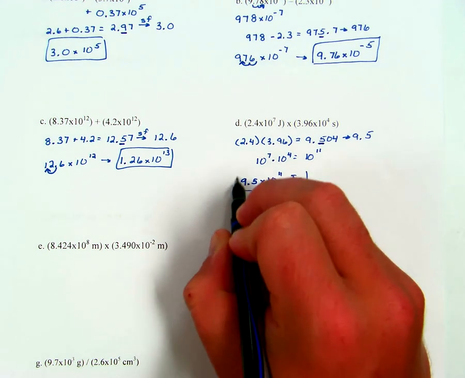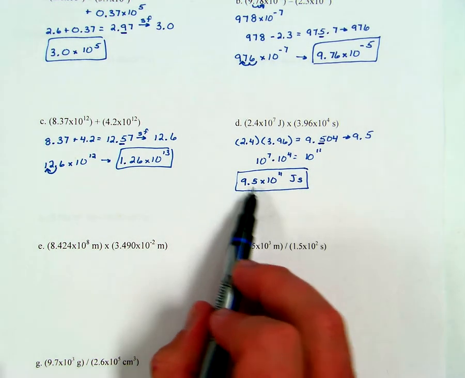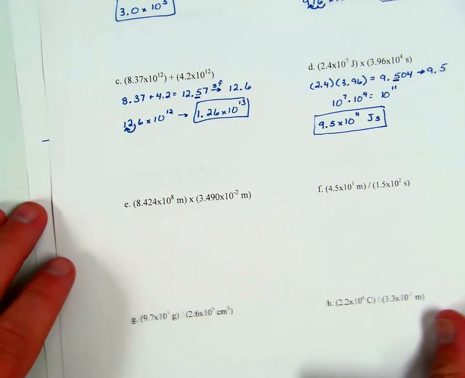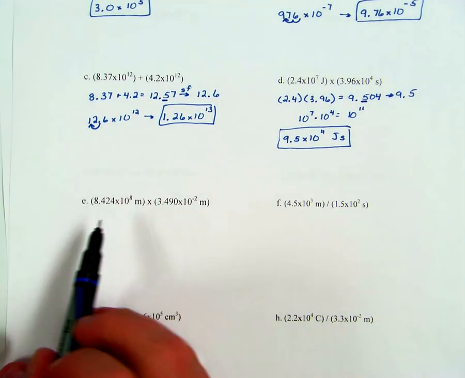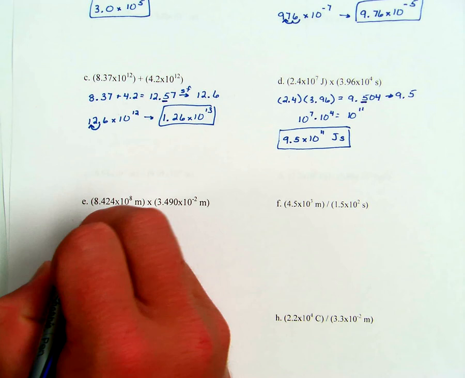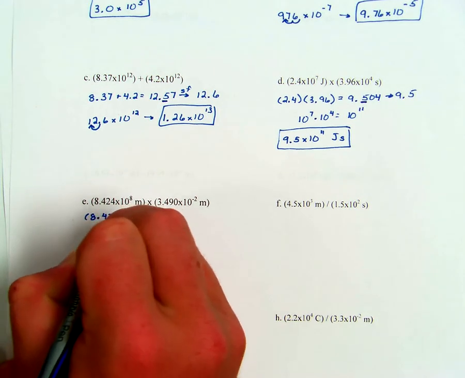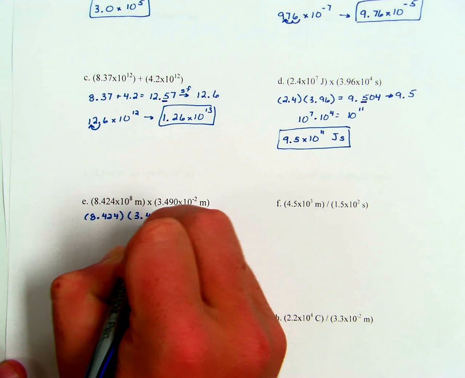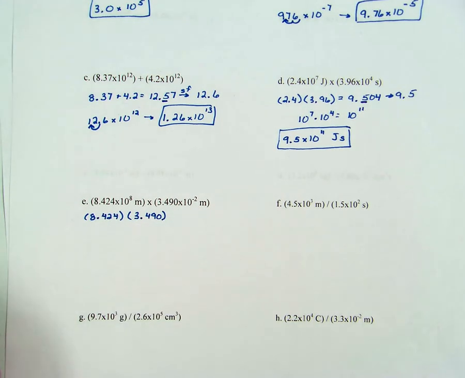Alright, let's look at the next example here. It also is multiplication. So the first thing I'm going to do is multiply the mantissas together. I have 8.424 times 3.490. If you plug that in your calculator, I get 29.39976.